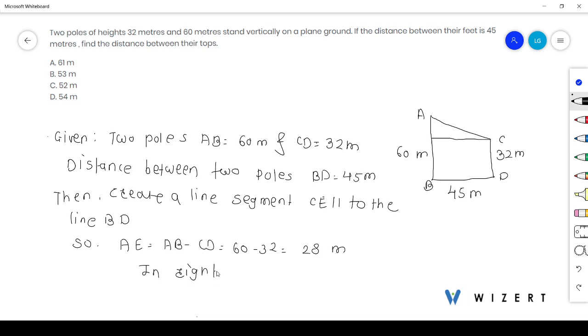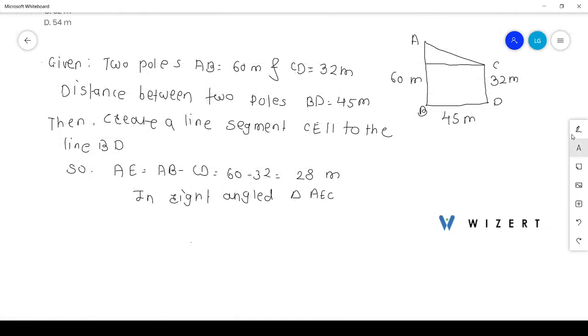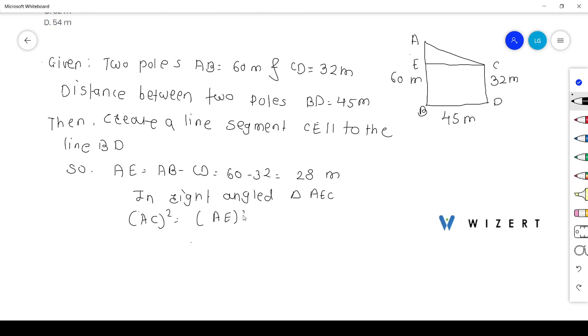Now in right angle triangle AEC, suppose this point is E, AC square is AE square plus EC square, that is 28 square plus 45 square.